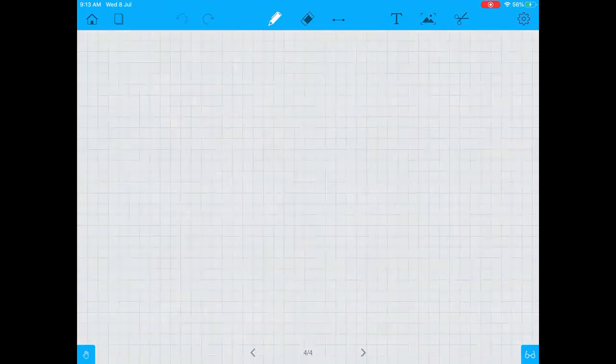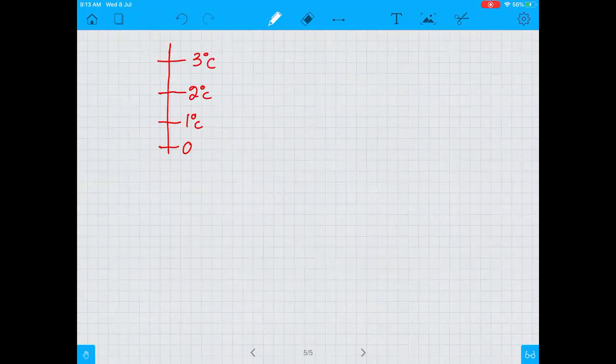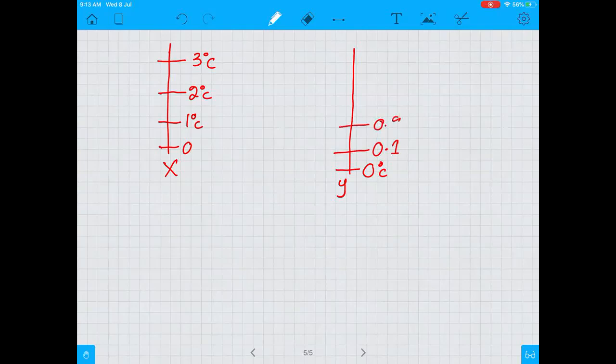If you want to get a more precise instrument, then, for example, if this is instrument X, and you get another instrument, instrument Y, the divisions on Y are 0.1, 0.2, 0.3, 0.4 degrees Celsius.